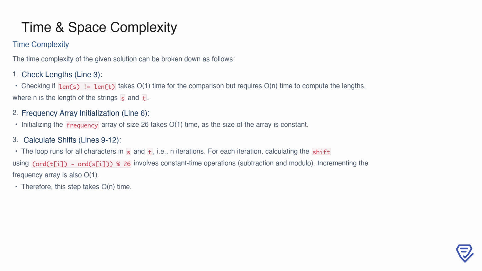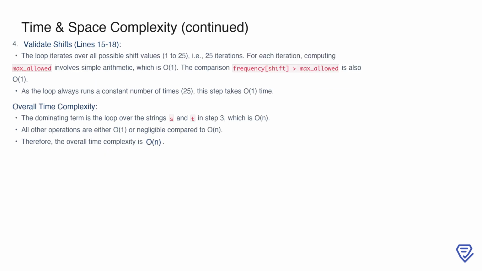Next, we validate the shifts by iterating over all possible shift values from 1 to 25. For each shift value, we calculate the maximum number of times the shift can occur within the given constraints of k. This involves simple arithmetic and comparisons, both of which are constant time operations.